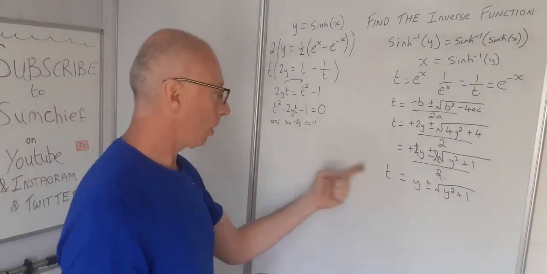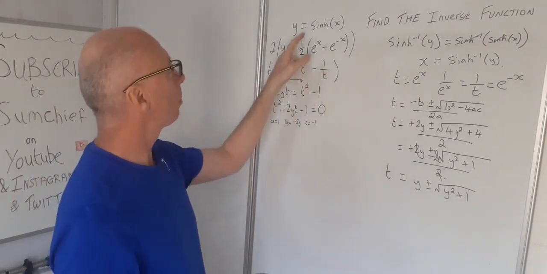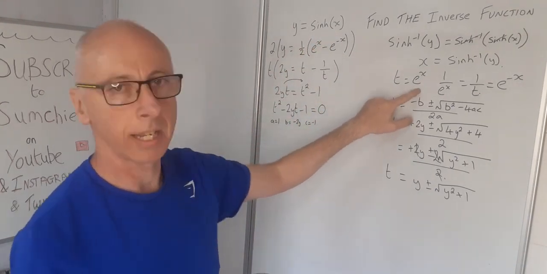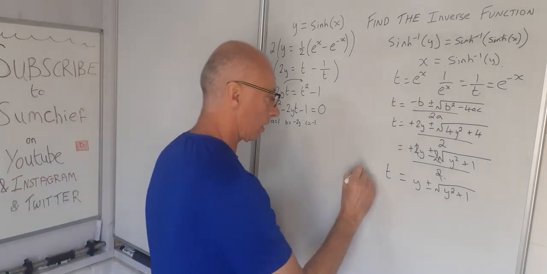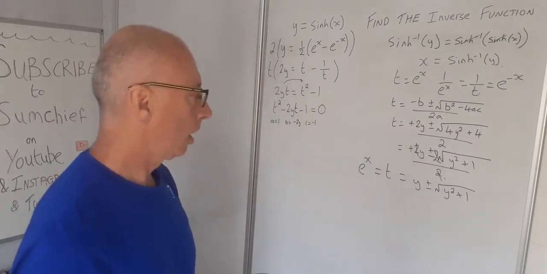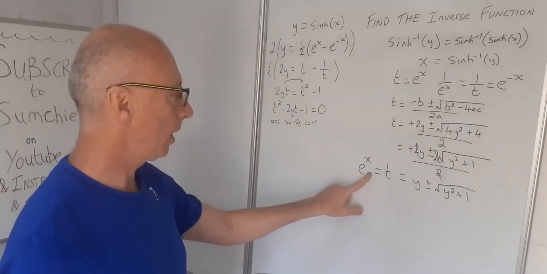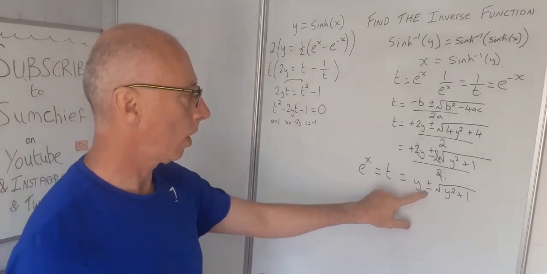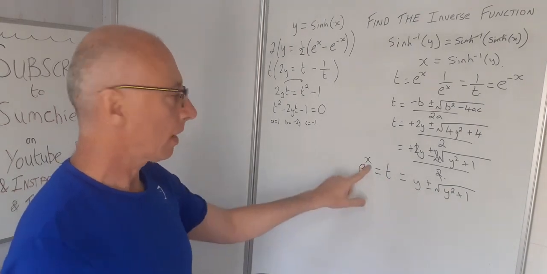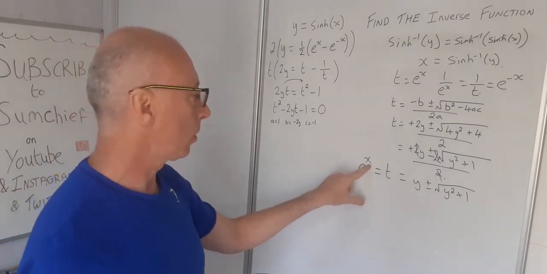So we've got this in terms of t, but we want it in terms of x. Well, t equals e to the x. So we can stick an e to the x in front of here. Okay, so e to the x equals y plus or minus square root of y squared plus 1. So the x is still in the exponential term here.